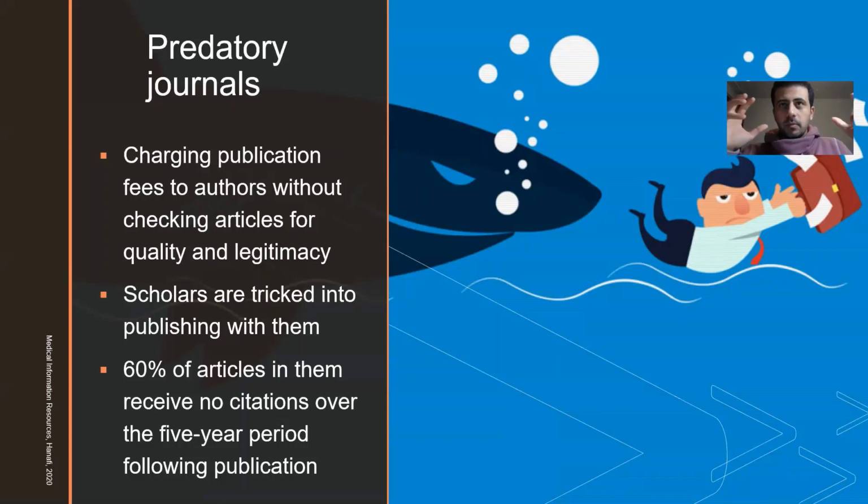Then the papers published there do not get indexed in any of the databases. They do not get cited. They say that 60% of the papers published in these journals do not get any citation in the next 5 years, and scholars do not want to publish there.